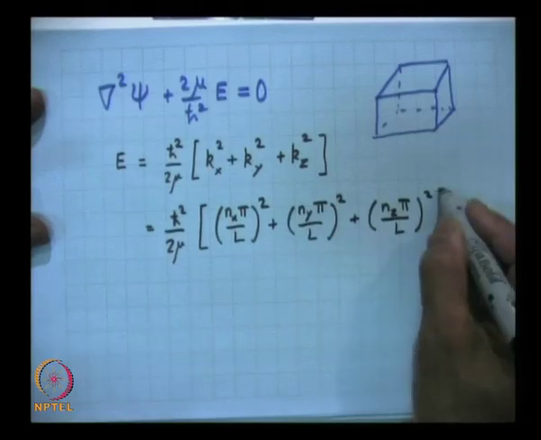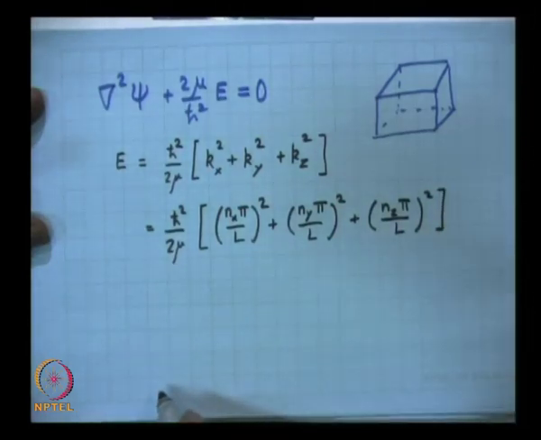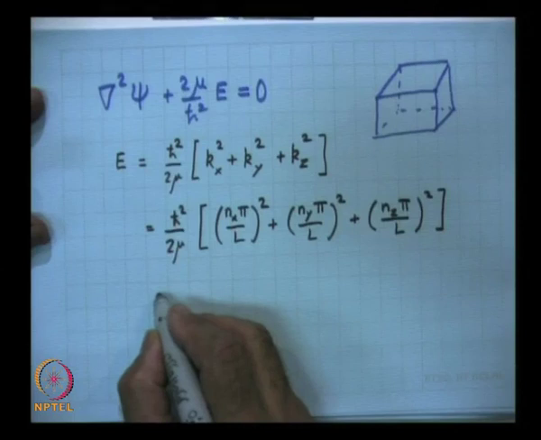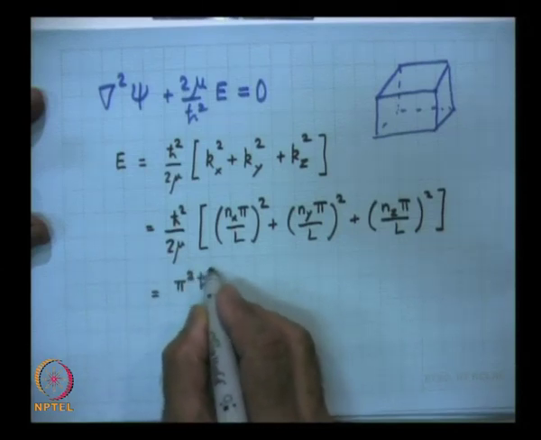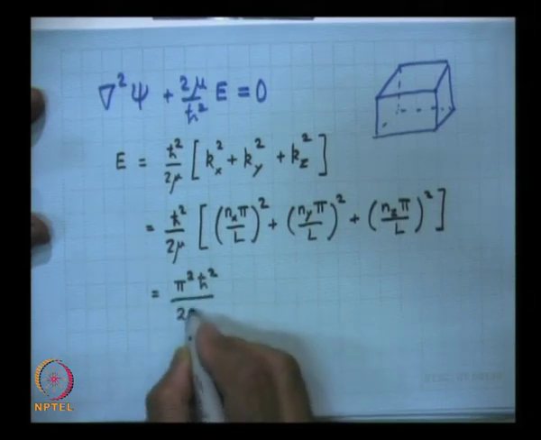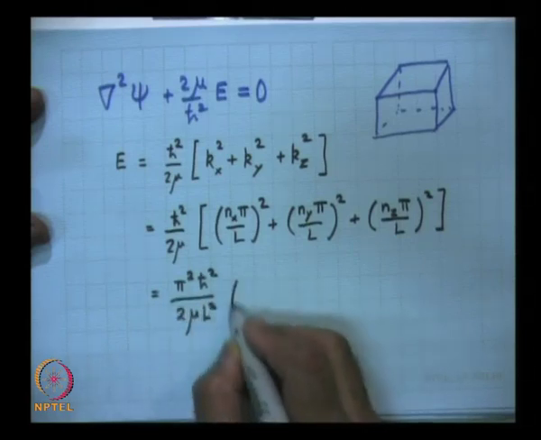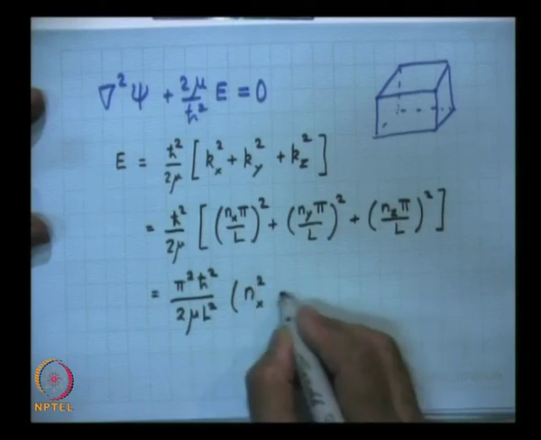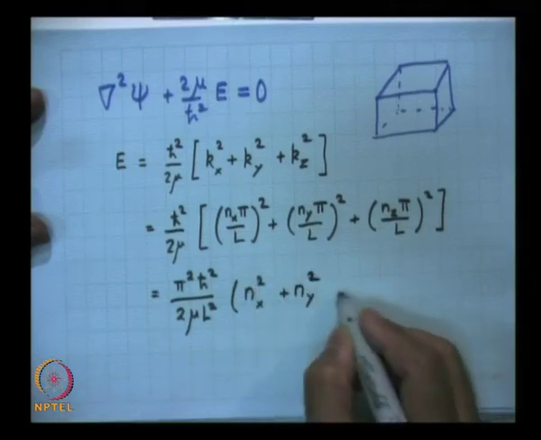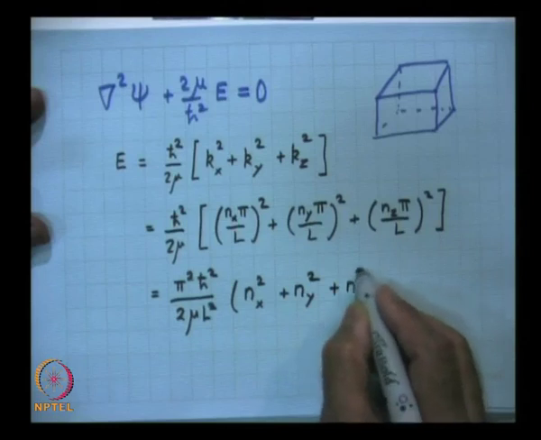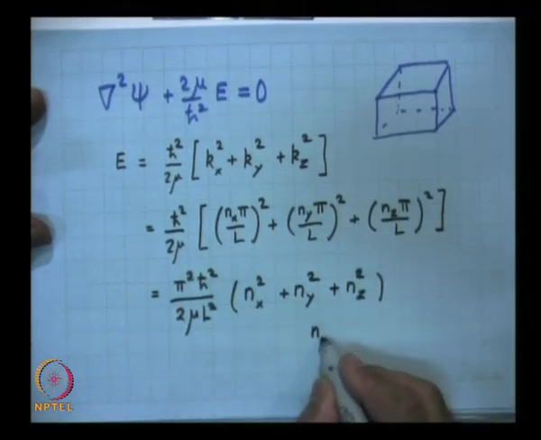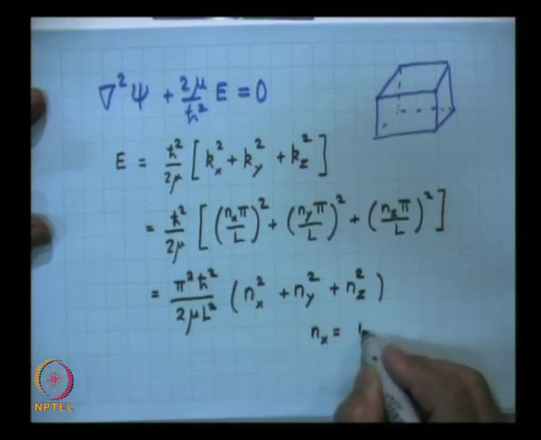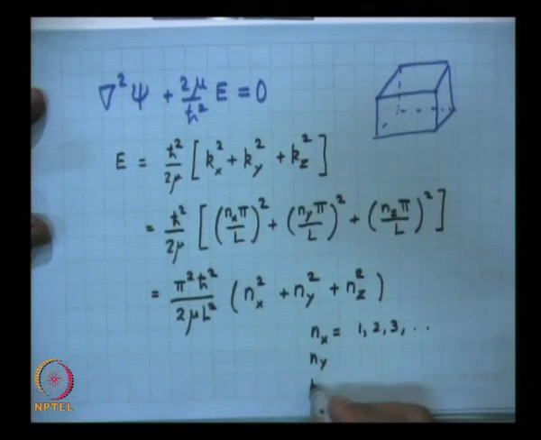So, these are the discrete eigenvalues of the problem. You can take the pi square L square inside. So, you have pi square h cross square by 2 mu L square into n x square plus n y square plus n z square. As we had discussed in the previous class, these can take integer values. n x is equal to 1, 2, 3, 4, similarly n y and similarly n z.